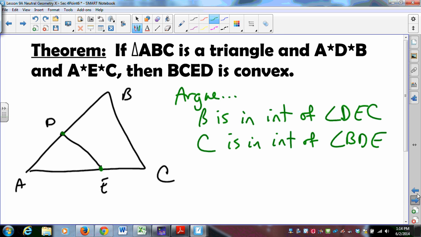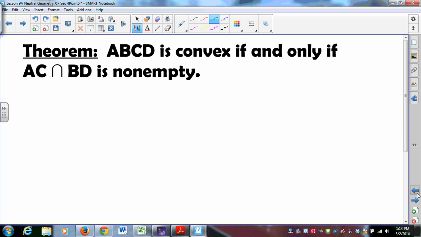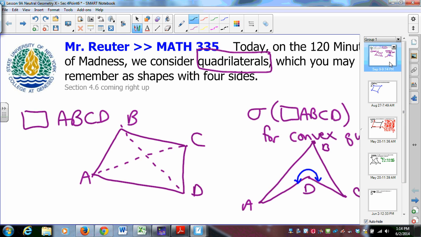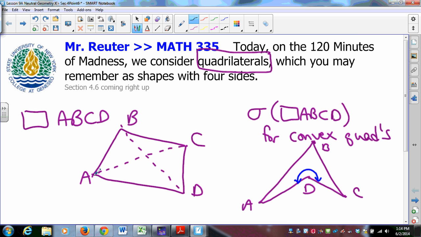Speaking of convex, ABCD is convex if and only if AC intersect BD, and by that we mean segments, segment AC intersect segment BD is non-empty. And if I can go back to the original, AC intersect BD is non-empty.